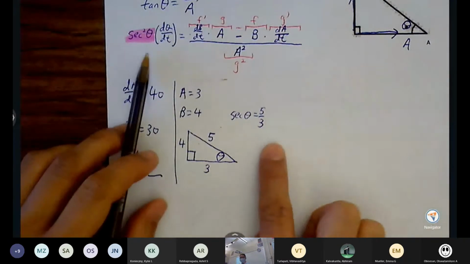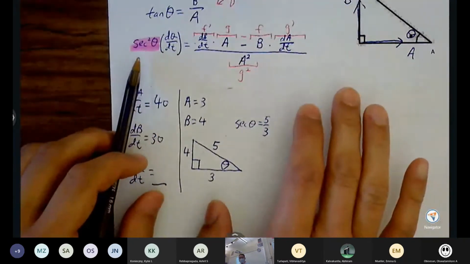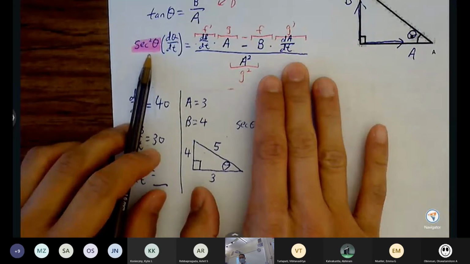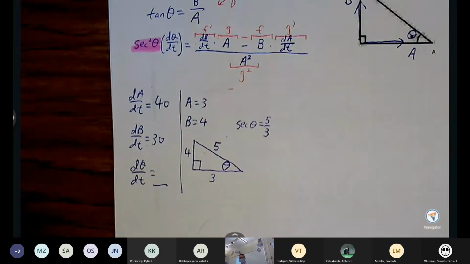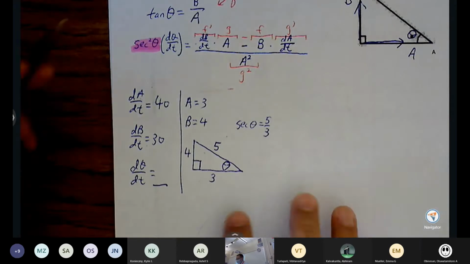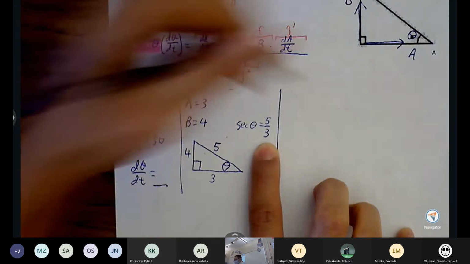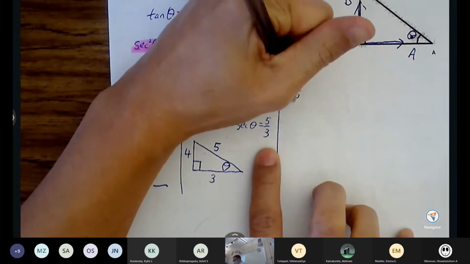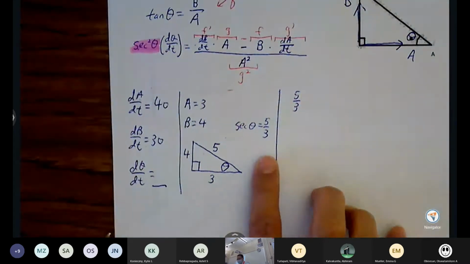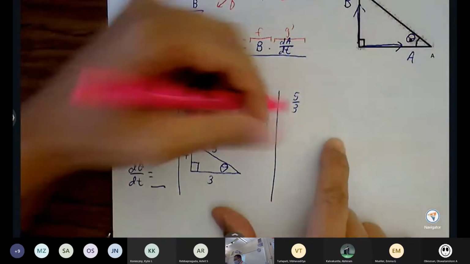All right, I think we're ready. Everything that we need for this derivative has now been accounted for, so now we just plug in. Okay, we start with secant squared theta. Highlight what we're replacing here.